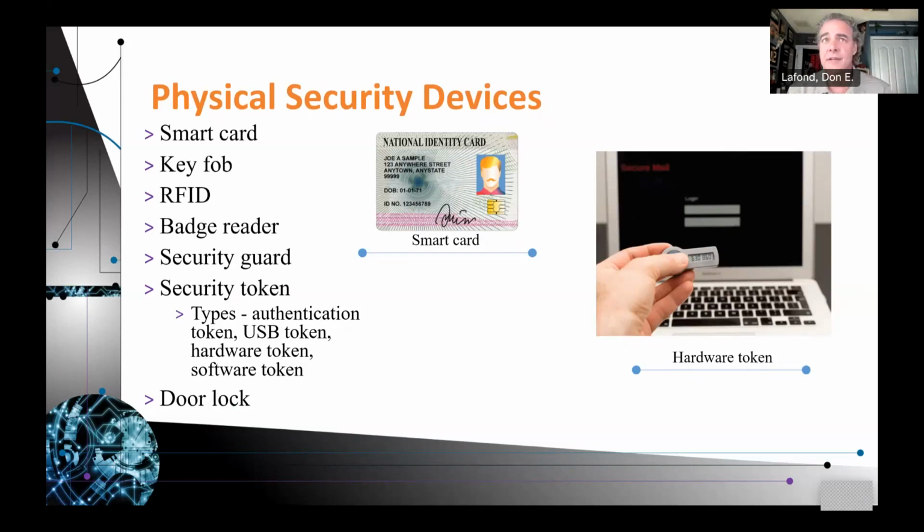Physical security devices. In addition to that digital key that's red, you might also have a smart card, key fob, RFIDs, badge readers, security guards, security tokens, types of security tokens, authentication tokens, USB tokens, hardware tokens, software tokens, and door locks.